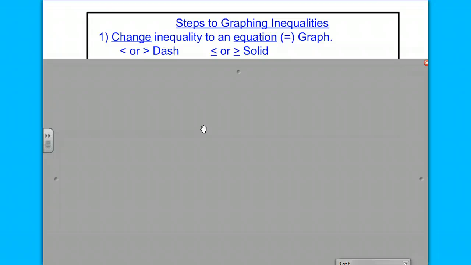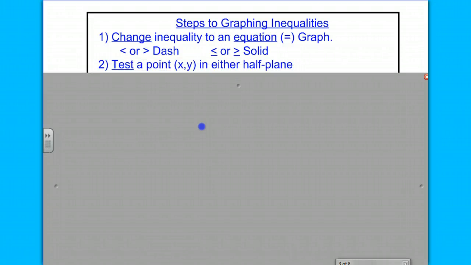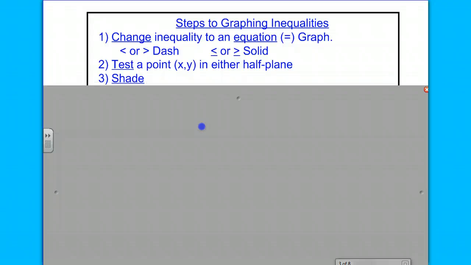Often that's forgotten because we're so used to drawing straight lines with a ruler and we just forget to dash it. So sometimes we need to write the word dash right away when we see this so we don't forget. And the second thing we did was test a point on either side of the line, not on the line, so that we could determine which side to shade.